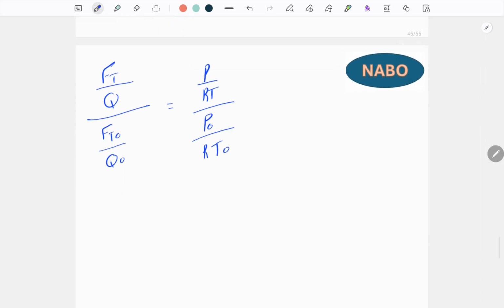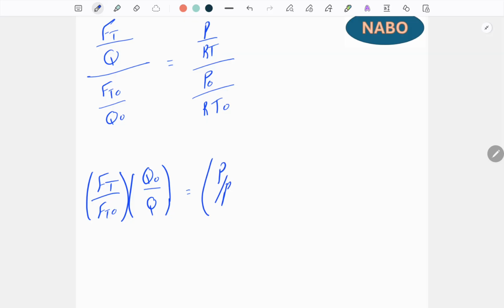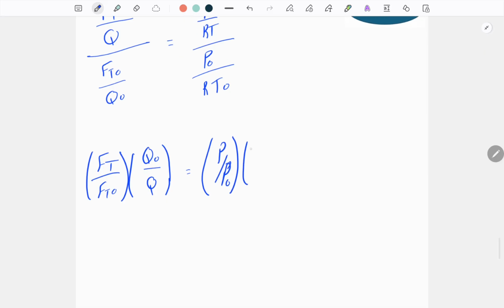Let's clean this up a little bit. On the left side, Ft divided by Ft naught times Q naught over Q will equal P over P naught times T naught times R over T times R. The R will cancel because it's constant.